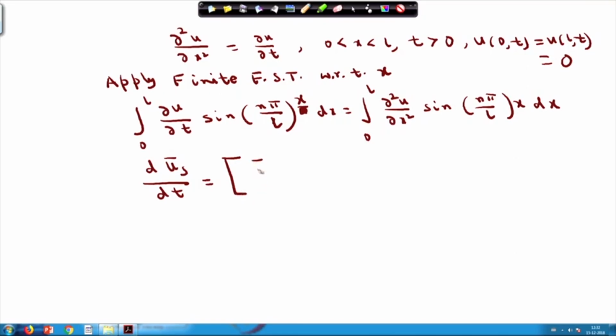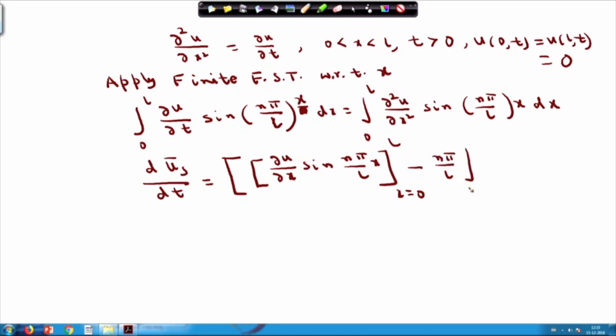Let us check what happens if I directly evaluate the integral of ∂²u/∂x² times sin(nπx/L). Here x will vary from 0 to L, minus nπ/L, and I am using integration by parts: the integral from 0 to L of ∂u/∂x times cos(nπx/L) dx.